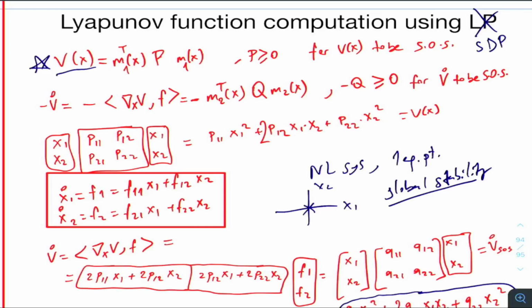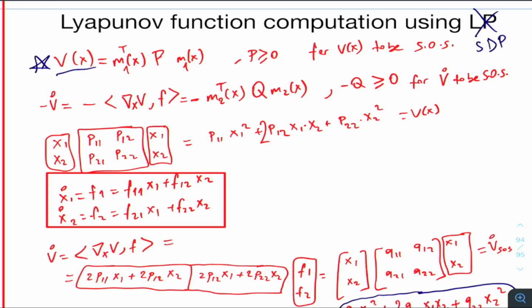So for that you will need a Lyapunov function. And remember the properties of a Lyapunov function. First, V of x must be positive definite. Let's not focus on the asymptotic stability; let's just first focus on stability in the sense of Lyapunov.